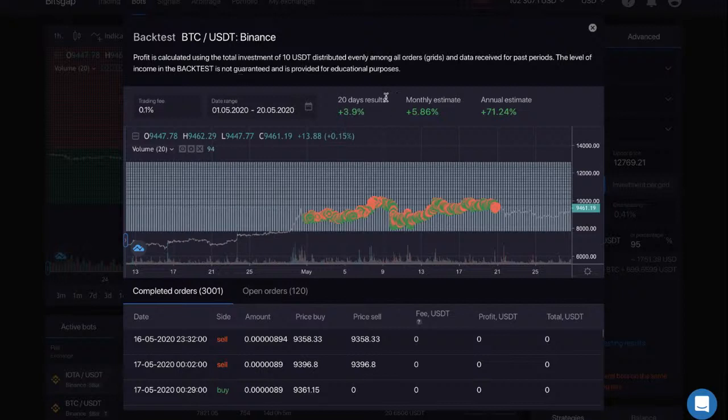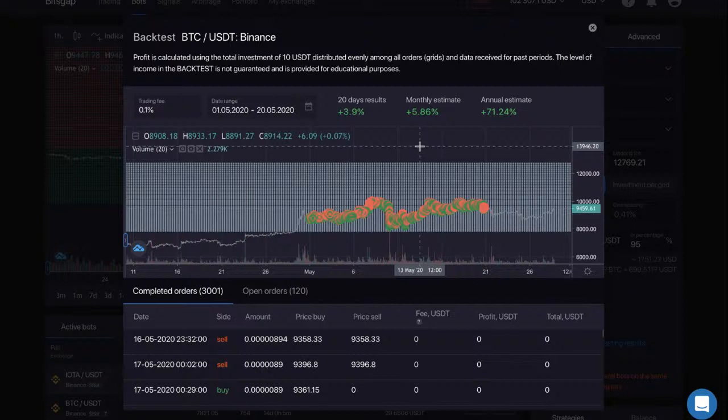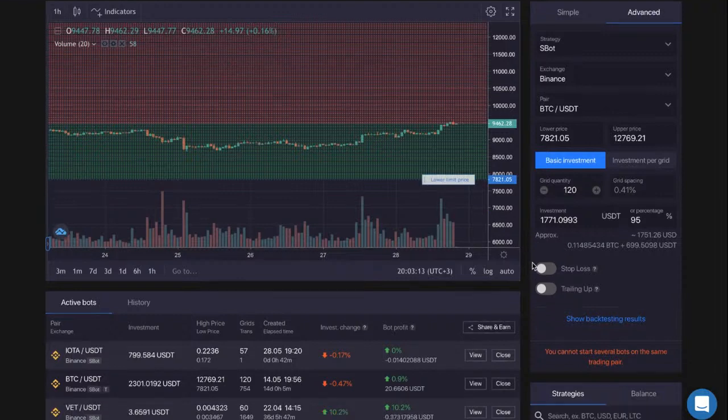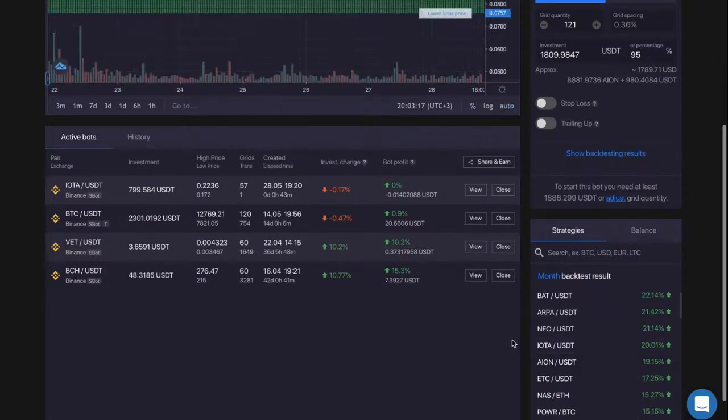And you can use this to find optimal cryptocurrency pairs that offer best returns for a given risk for you, all right? And I already showed you in the presentation how to apply backtesting to compare different cryptocurrencies in terms of risk and return. And here's another example. Let's say ION trading to USDT.